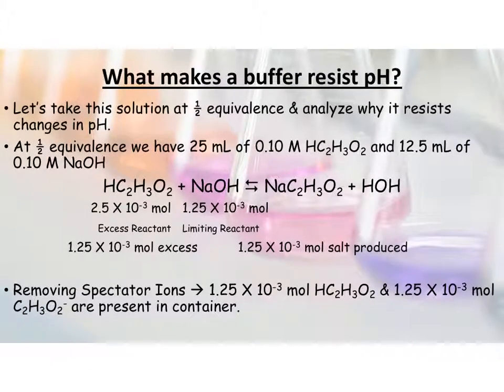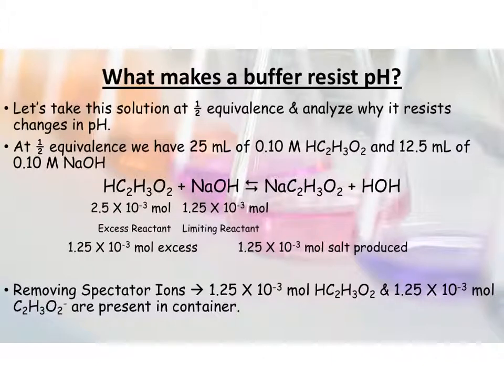Okay. So let's look at what makes a buffer resist pH. So we're going to look at that previous graph, but we're going to focus in on half equivalence. And we know that at half equivalence, the amount of acid and conjugate base are equivalent.